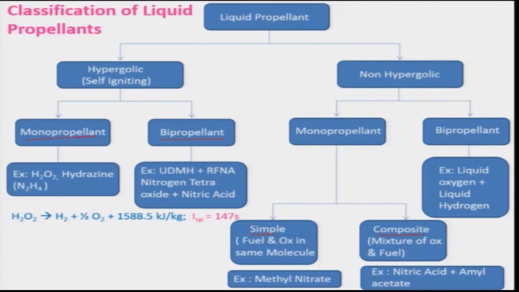And it is a very simple non-hypergolic monopropellant, which is used similar to your hypergolic monopropellants. And there is also a composite. Composite means a mixture of oxidizer and fuel is used as a propellant. An example is nitric acid and amyl acetate, which can be mixed together in a certain proportion.